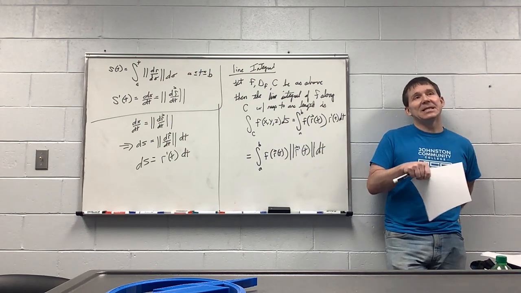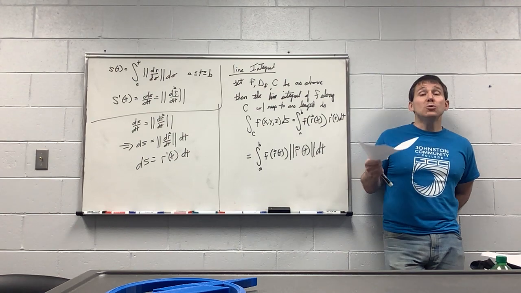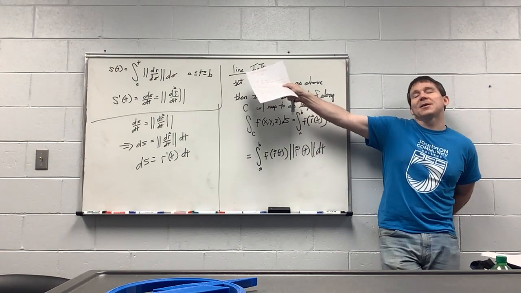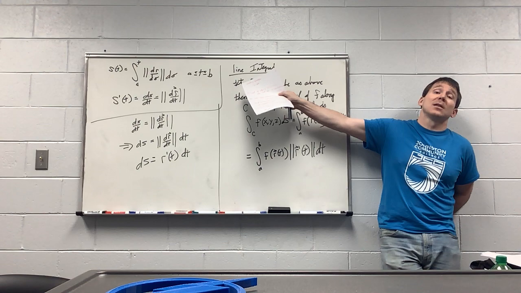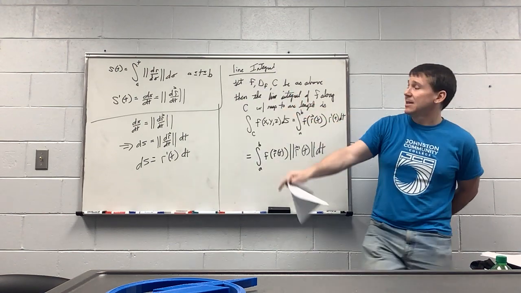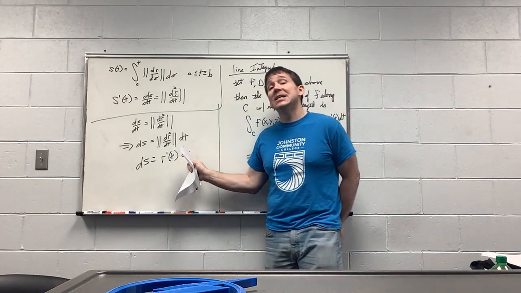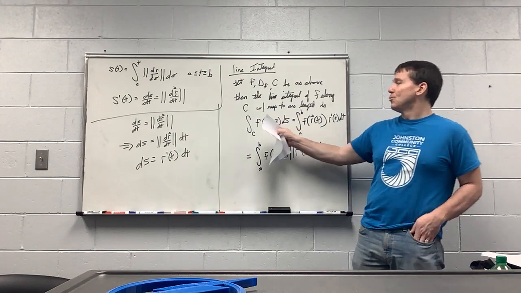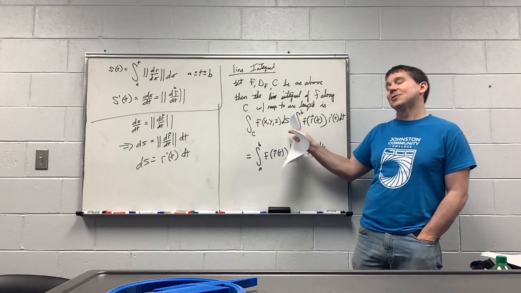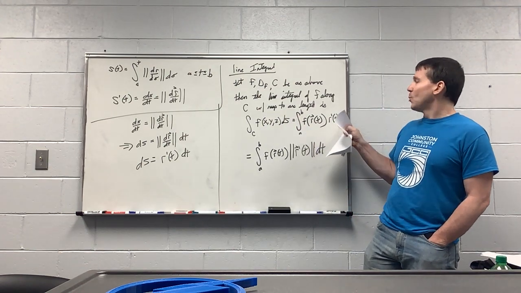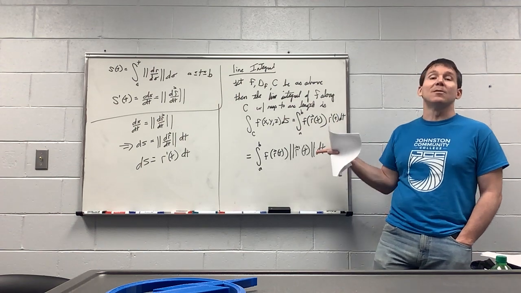What that means is, using my understanding of the arc length reparametrization and the arc length function, I get this relationship between ds and dt, which allows me to write this particular line integral in a nice form with respect to t that I can solve.